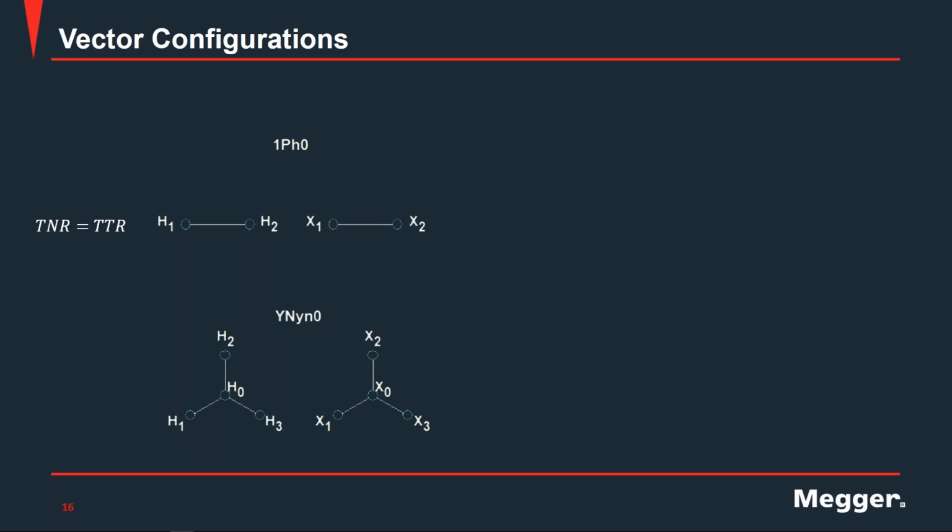In here, you will have TNR and TTR values, and it just so happens that those are going to be the same because there is a neutral on both the primary and the secondary winding. Likewise, for DD0, this does not have a neutral on either side, so the TNR and the TTR values are going to be the same.